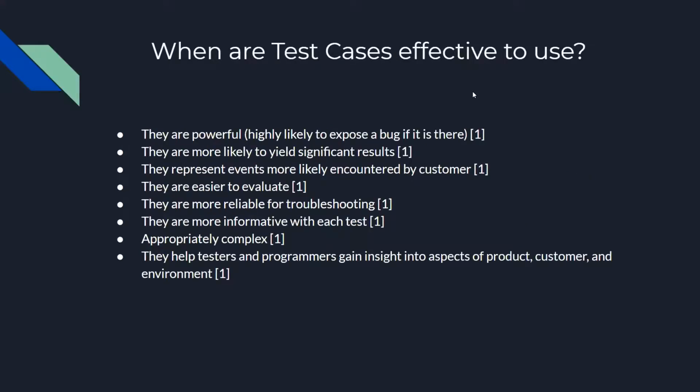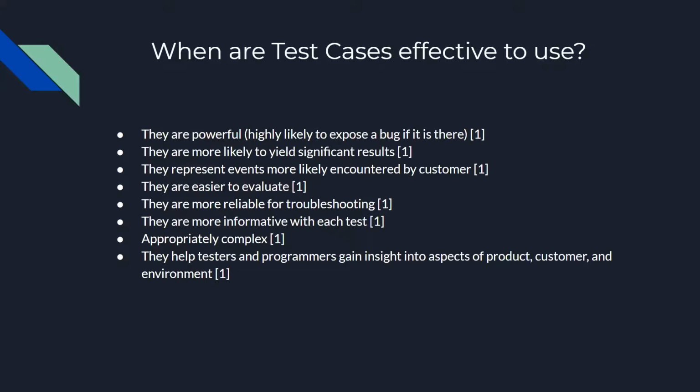So with that said, when exactly are test cases effective to use? They're effective when they're powerful, meaning they're highly likely to expose a bug if it's there. They're really effective when they're more likely to yield significant results that are relevant to what we're trying to find and accomplish.